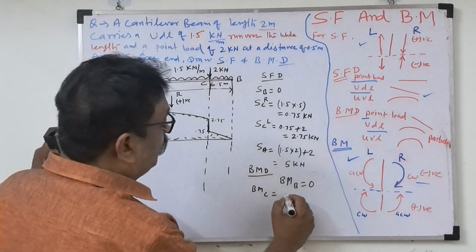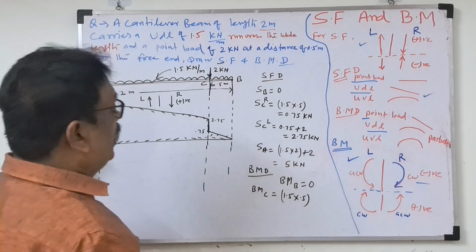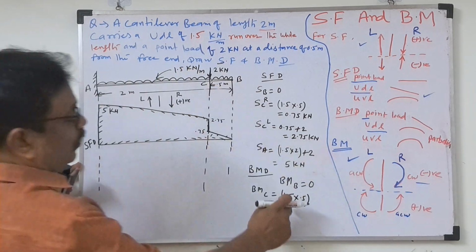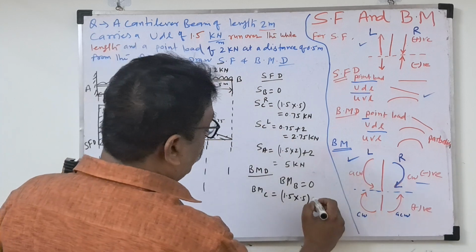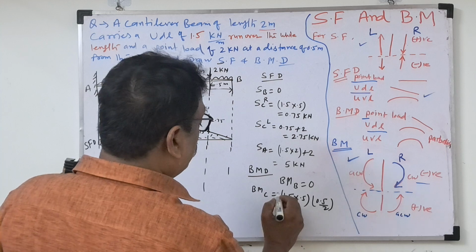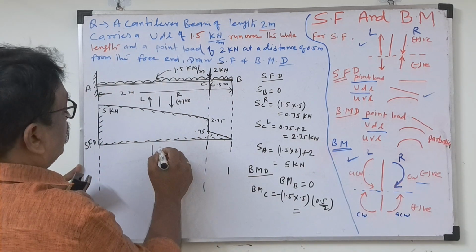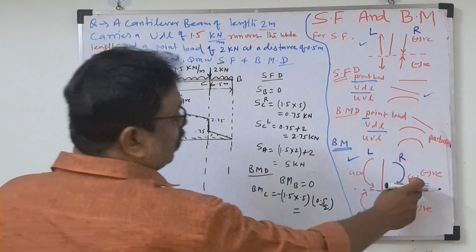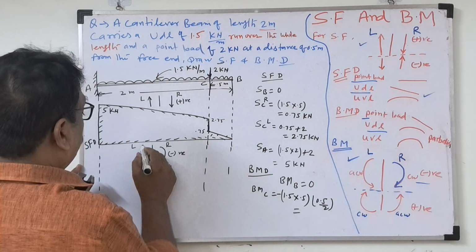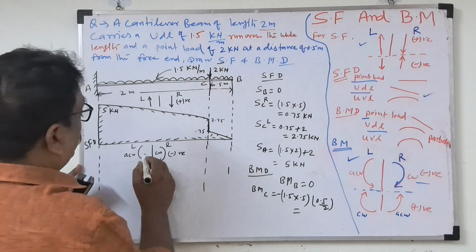So for the UDL, 1.5 into load. We have to convert first: 1.5 kilonewton per meter into 0.5 meter, kilonewton. And what is the distance? Half the distance, we have to take 0.5 by 2. This is the moment, and this will be negative because of sign conventions, you can write here: clockwise will be negative, anti-clockwise positive.